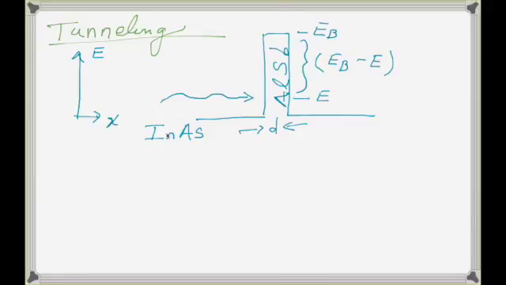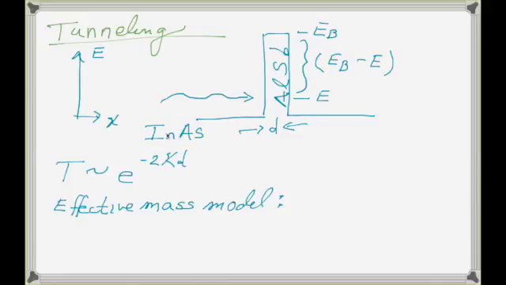And what determines your tunneling in a simple WKB type expression is that your tunneling probability would be proportional to e to the negative 2 kappa D. And in the effective mass model, which is your parabolic model, this kappa you just get from the dispersion, where it's going to be the square root of 2 m star (EB minus E) over h bar.